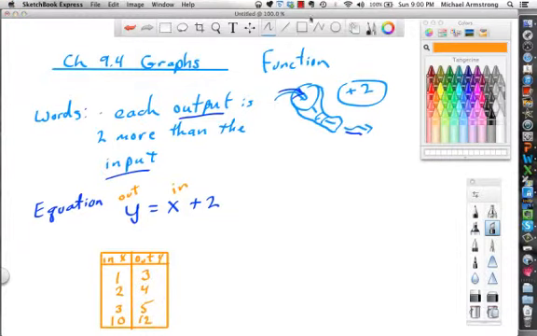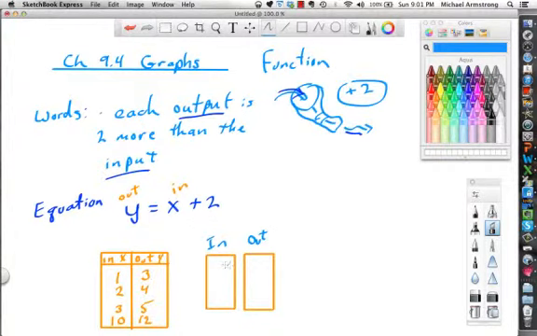We can map it. They use these little boxes in the book to map it. Again, they had an input and an output. Let's change my tool. An in and an out.